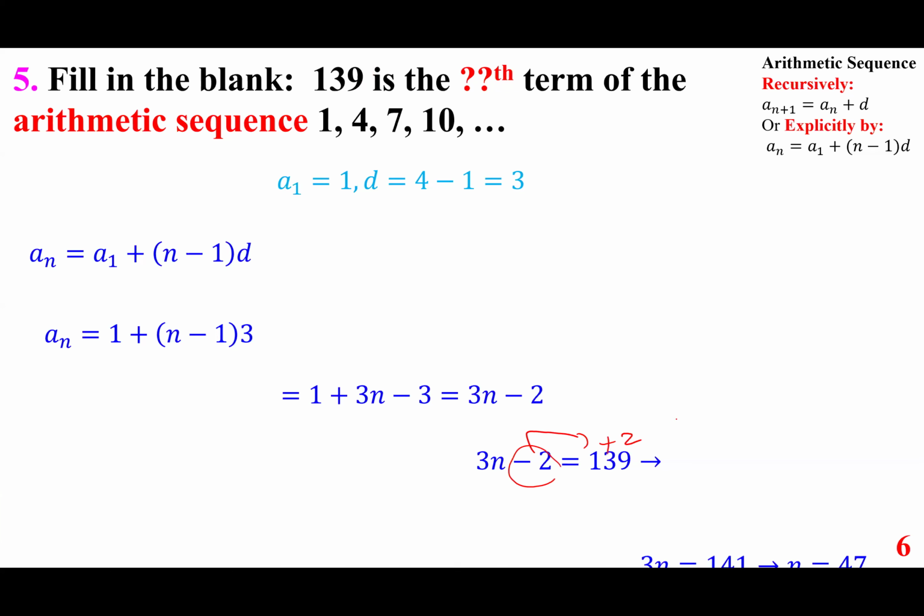Move the negative, it becomes positive 2. You get 149, 41. Divide by 3, and n becomes 47. So it's the 47th term.